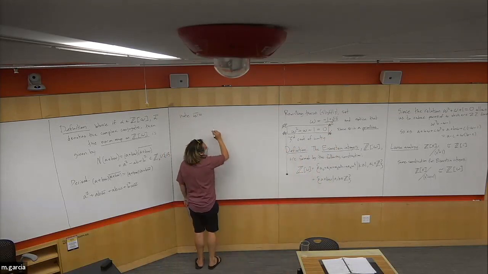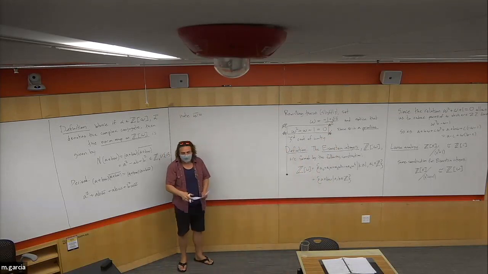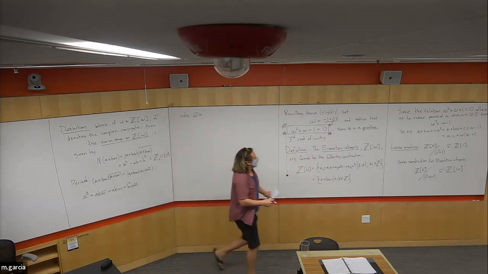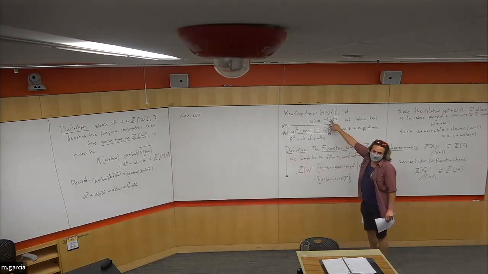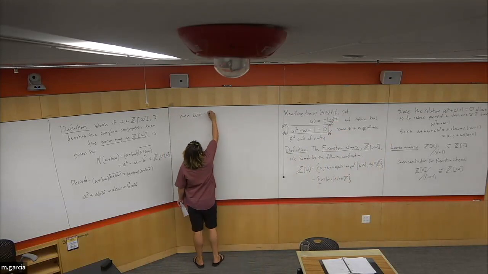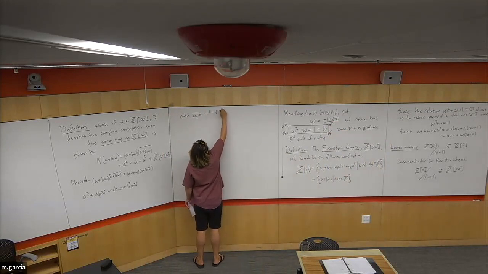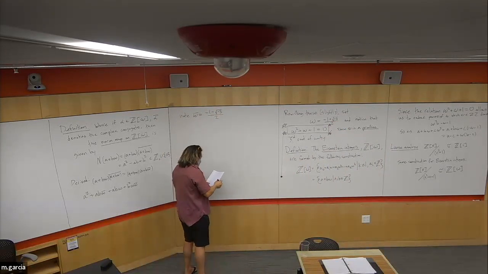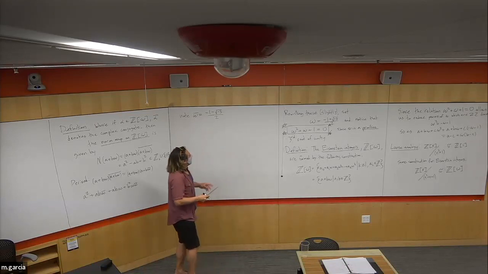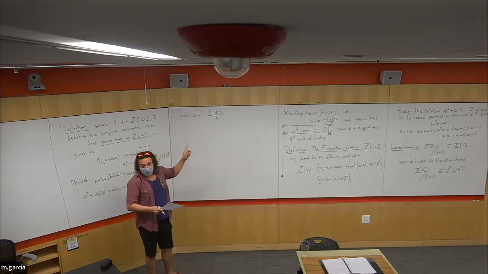Somebody remind me what the complex conjugate is. Definition of the complex conjugate: we just negate the imaginary part, right? Which is just the root -3 part. So omega bar is just equal to -1 minus root -3 divided by 2. Okay, and if you look back in your notes, what is another expression for this?